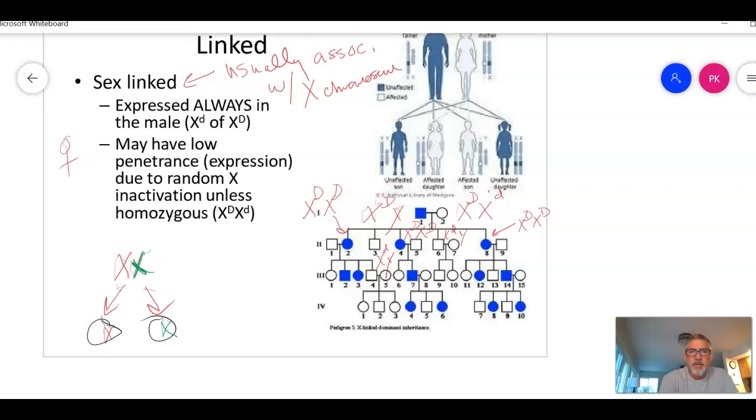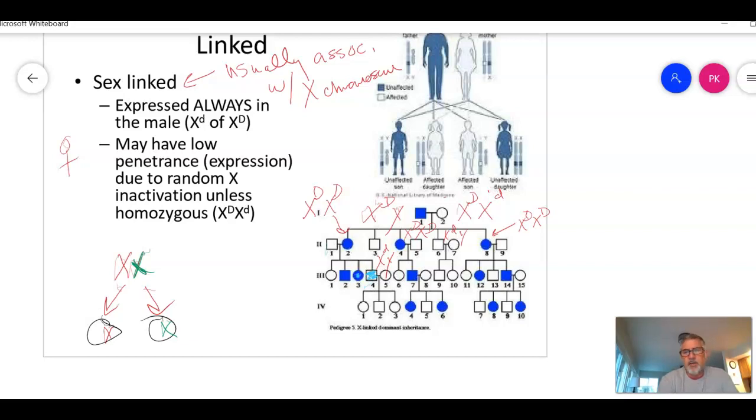When we get down to here, this one right here should be darkened too. It's wrong, since the female has both of them, she would pass it to all her male offspring. So this one over here should be a carrier.